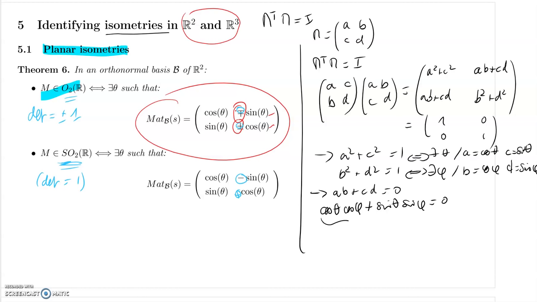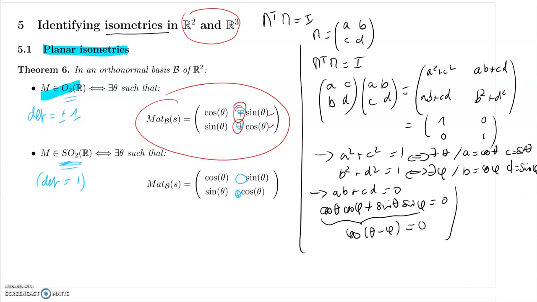Here you can identify a trigonometric addition formula. That would be the cosine of theta minus phi, or phi minus theta, it doesn't matter, it's even. So I get that this cosine is equal to 0.